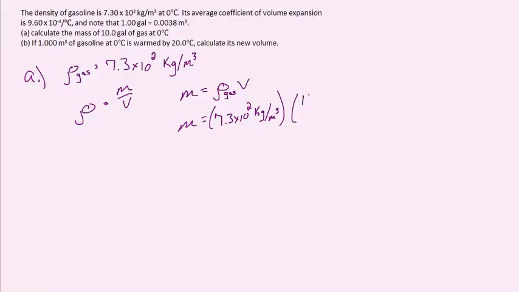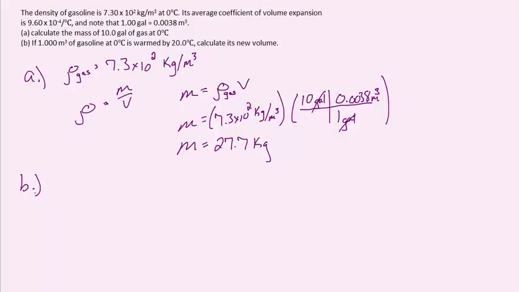So we see that for 10 gallons of gasoline, 1 gallon is equivalent to 0.0038 meters cubed. And we see that our gallons will cancel out and we'll be left with meters cubed. Now that we can calculate our mass, we see that the mass of gasoline will be equal to 27.7 kilograms.